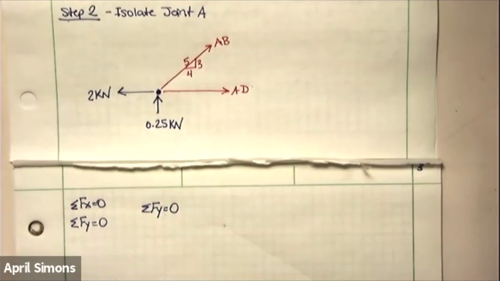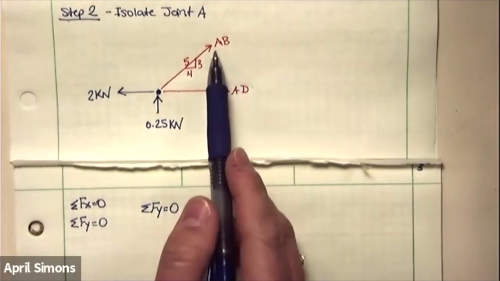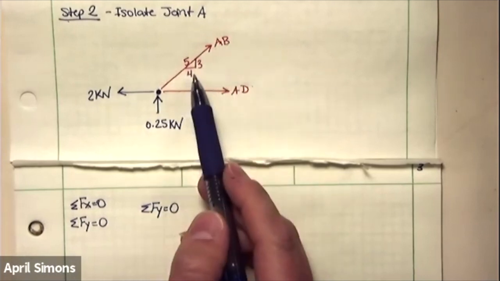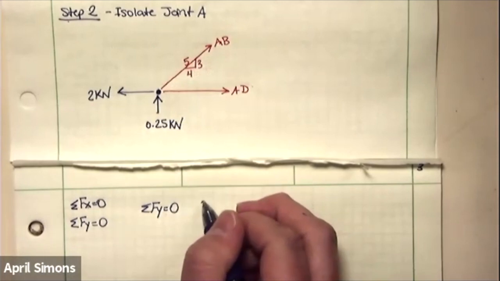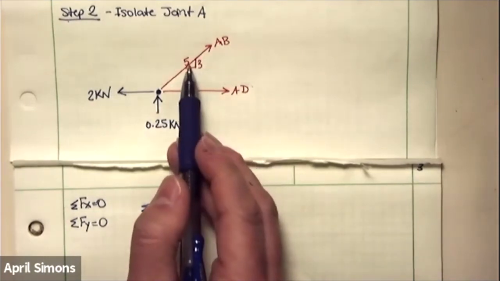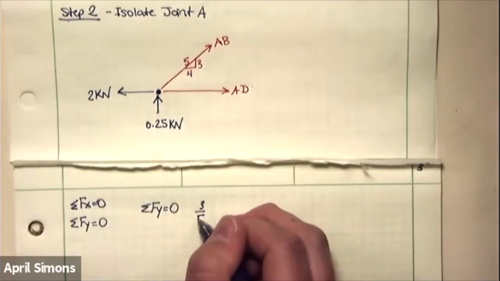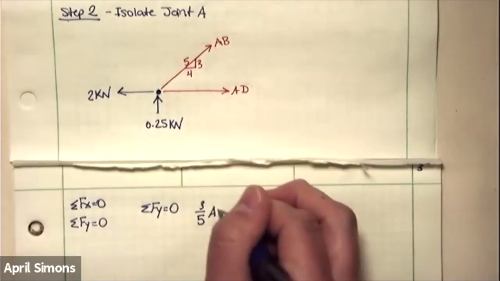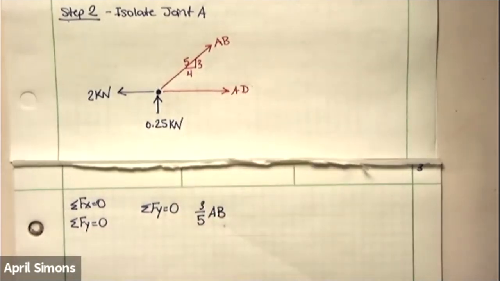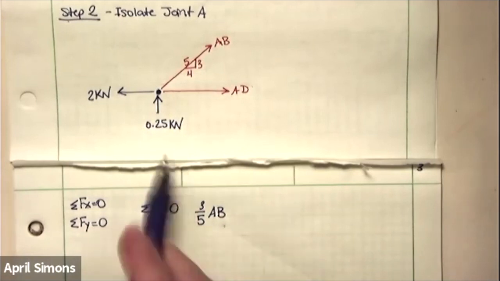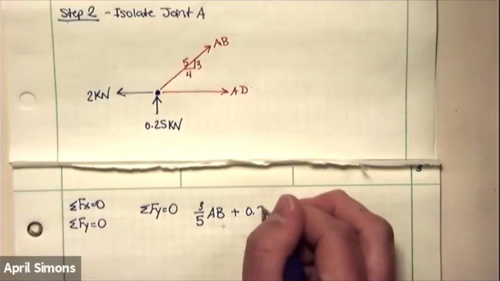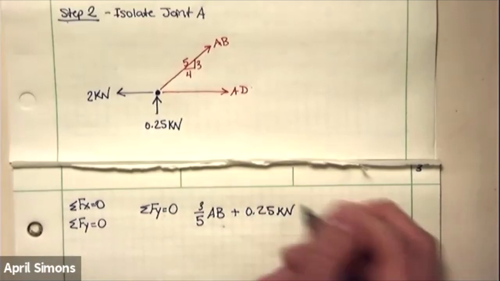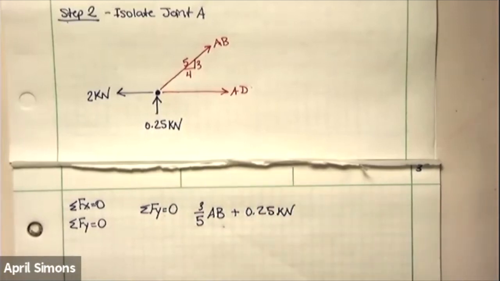Set that equal to 0. So again, we have the Y component of AB. So 3 over 5. Y component of slope over hypotenuse of slope, 3 over 5 times AB. That's our Y component of AB. Plus our reaction here, 0.25 kilonewtons. And there's nothing else in the Y direction, right?